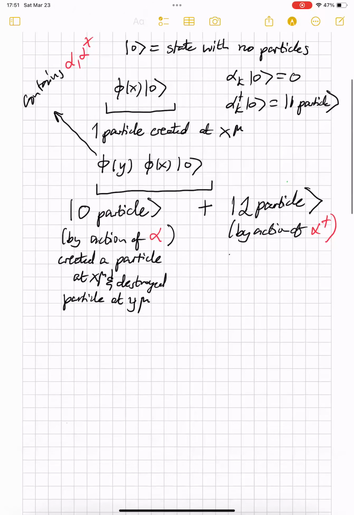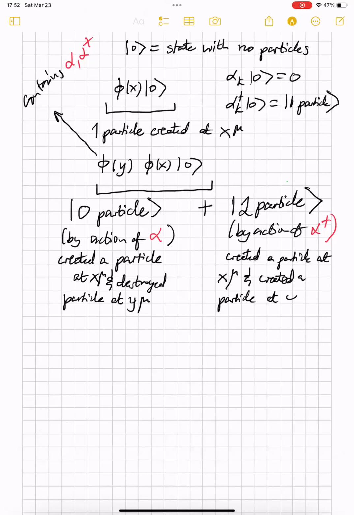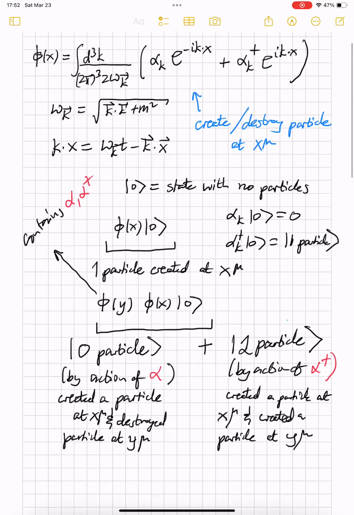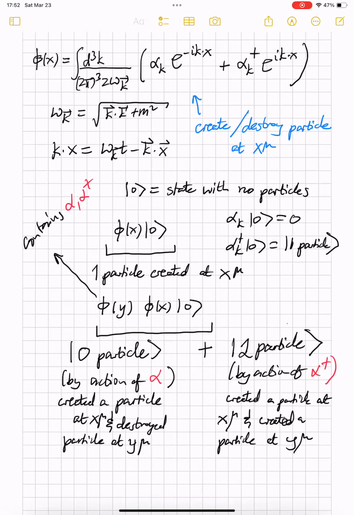Well, we created a particle at x^μ, and then we created a particle at y^μ. Okay, good. So we've got this no particle piece and this two particle piece sitting inside this state.